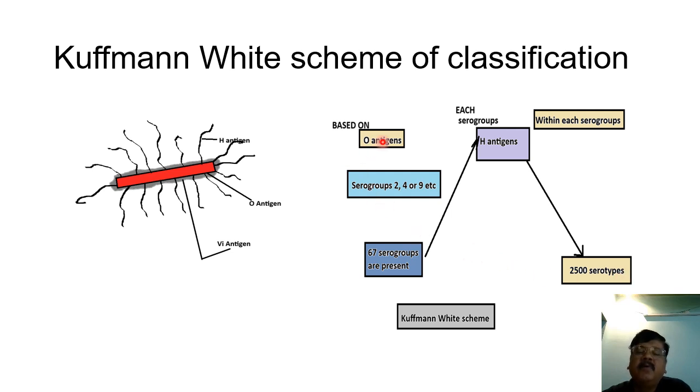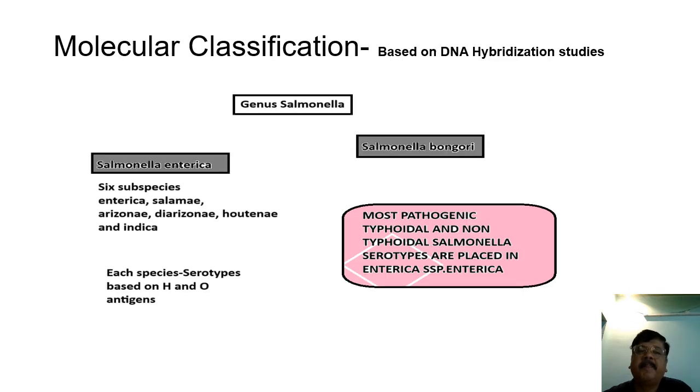So, based on O antigen there are about 67 serogroups, and within each serogroup, based on flagellar antigens, we have 2,500 serotypes. This is the Kaufman-White classification of Salmonella.